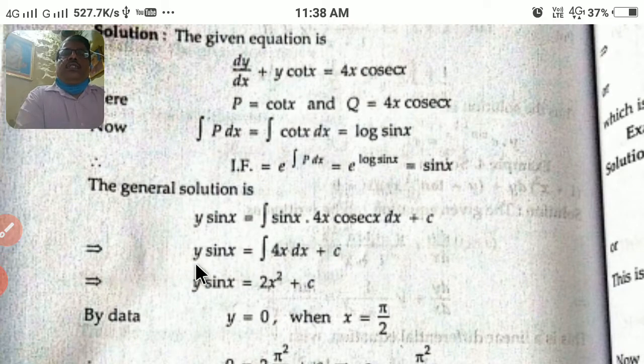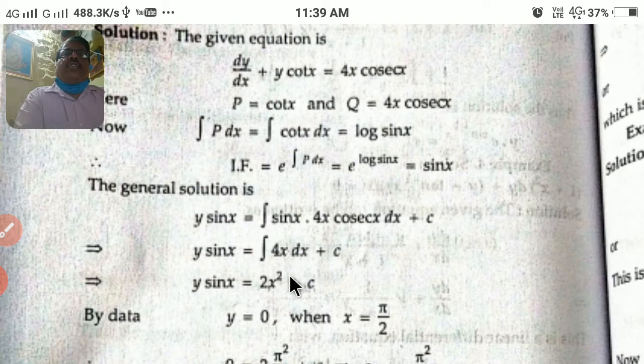Therefore y sin x is equal to integration of, now cosec x is 1 by sin x, so sin x cancels, and it gives integration of 4x dx plus c. Or y sin x is equal to, this 4 is a constant, take that outside.